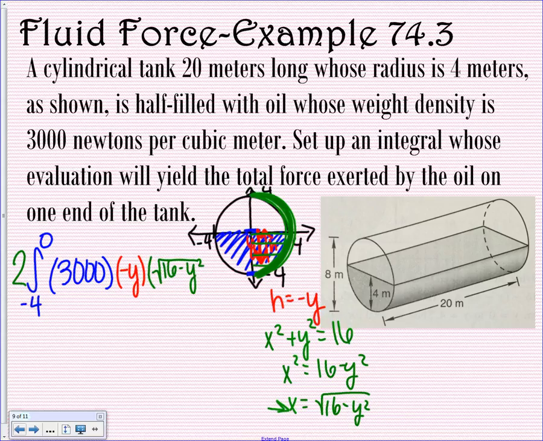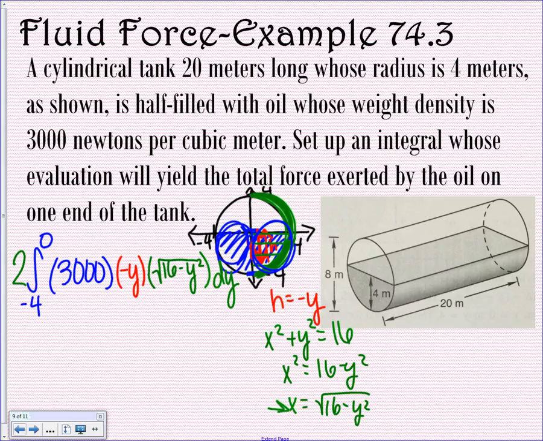We're just going to double it because it's a circle. The part that is in the fourth quadrant and in the third quadrant, those are the same amounts. So when we have this radical of 16 minus y squared, we just need to double it so that we get both sides of our circle. That is the length, and then the height for your little area part is going to be dy.